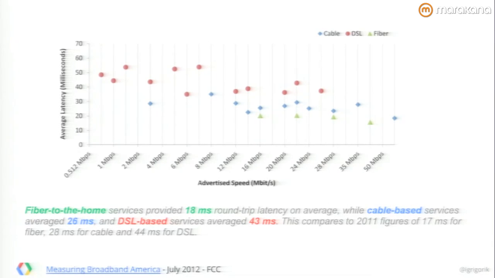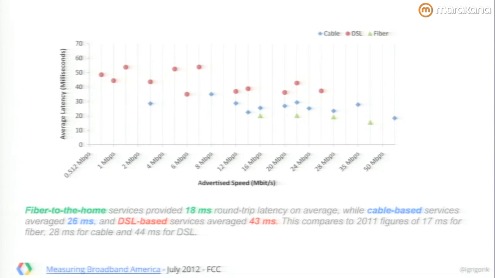The other component, of course, when you talk about web performance is latency. So bandwidth and latency, these are the two major things. And here's some data from the FCC report called Measuring Broadband America. What they're doing is deploying nodes within all the major networks to measure the latency between your computer and the network itself, right? So your provider.